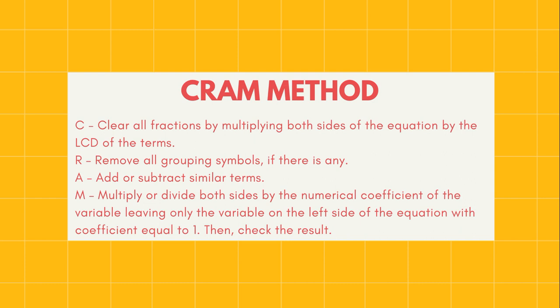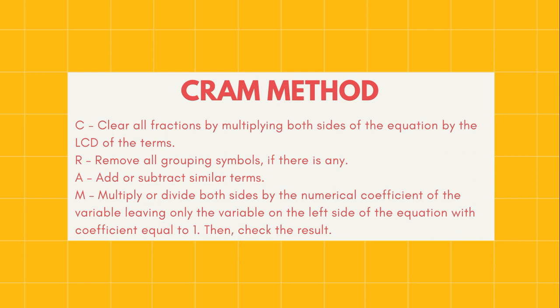So, paano natin makiklear yung fractions ng given natin na function? So, magmumultiply daw po tayo both sides ng equation dun po sa LCD po ng term. Kukunin natin yung LCD po ng given natin na function and then yun po ang i-multiply natin both sides. After that, lahat ng grouping symbols, pag sinabing grouping symbols, ito yung mga parentheses, bracket, braces, i-remove daw po natin yun.